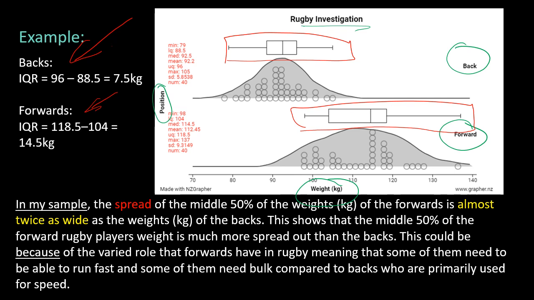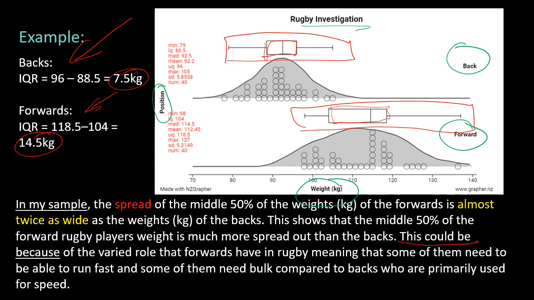In order to get excellence, we have to explain why that would be the case. So looking down the bottom, in my sample, the spread of the middle 50% of the weights of the forwards is almost twice as wide, right? And we can see that because we're looking at this and this. And the interquartile range is 7.5 and 14.5. So definitely it's twice as large. Now, why would that be?